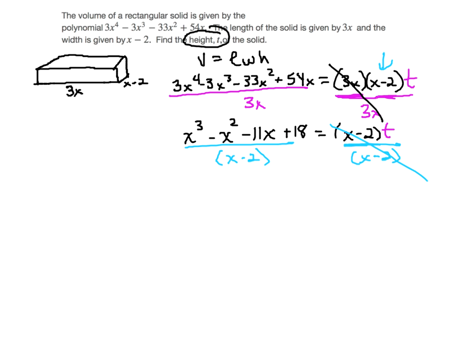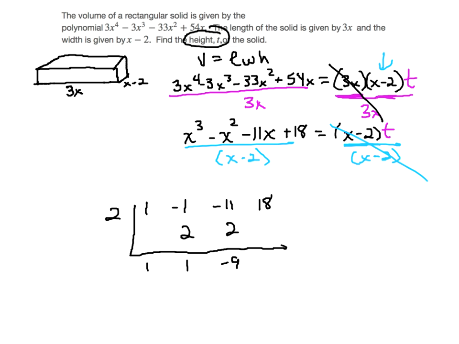So I'm going to use synthetic division for this. I have a k value of 2. I have coefficients of 1, negative 11, and positive 18. Bring down, multiply, combine down, multiply, combine down, multiply, combine down, remainder of 0.